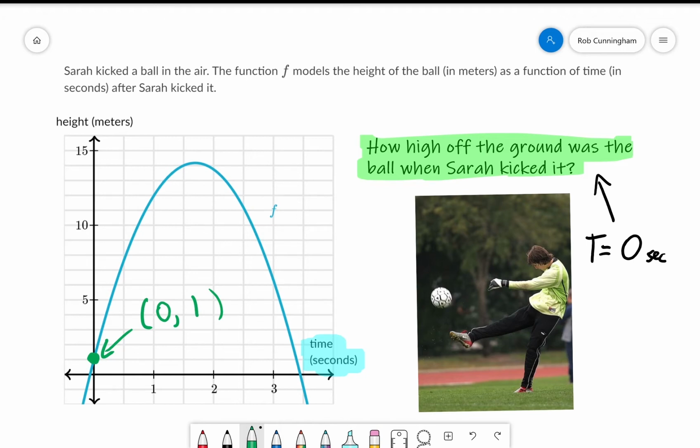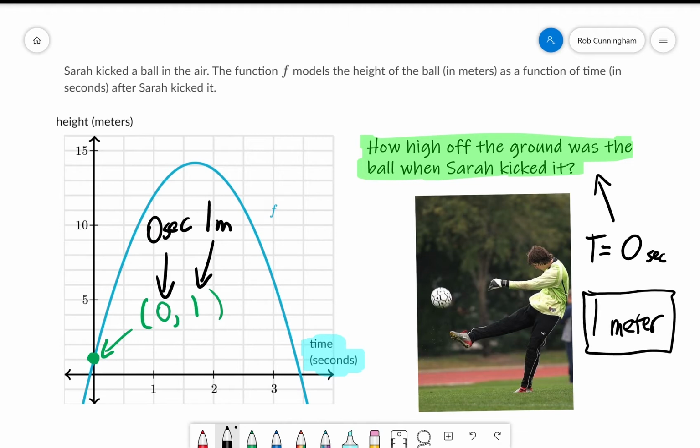So at 0 seconds, the ball was 1 meter off the ground. So the answer to our question is 1 meter. And we got it just by looking at our graph. No real math necessary. That was example 2.